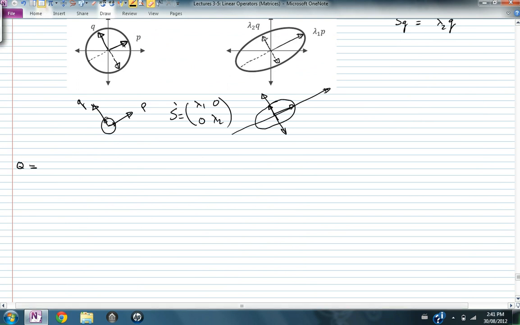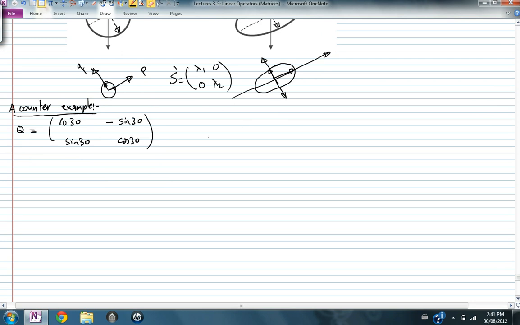Let's say Q is a matrix equal to cosine 30, negative sine 30, sine 30, cosine 30. So this is a counterexample. So what does this matrix do? Well, it rotates any vector by an angle of 30 degrees.